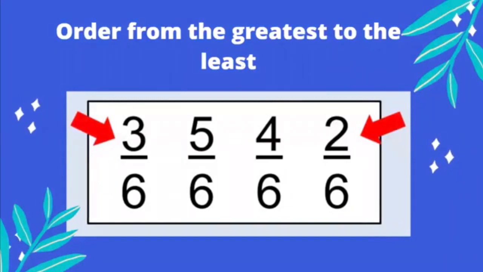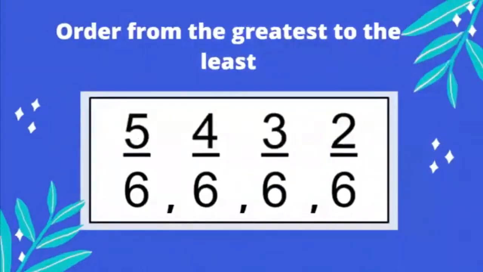Now let's check your answer. Here it is. Just like I told you before, just look at their numerators and order them using it. Number 5 is bigger than number 4. Number 4 is bigger than number 3. Number 3 is bigger than number 2. That's why we will get this in order.